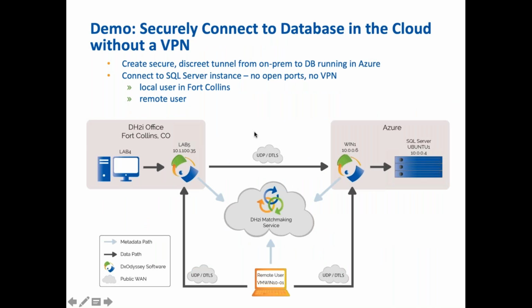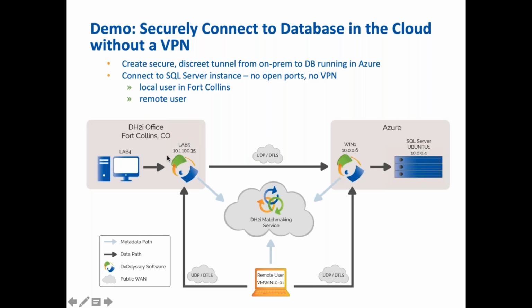Okay, so next what I would like to do is walk you all through a demo to kind of illustrate the solution. I'm going to walk you through the gateway group that I've already created, which is between the DH2I office here in Colorado and an environment that's running in Azure.